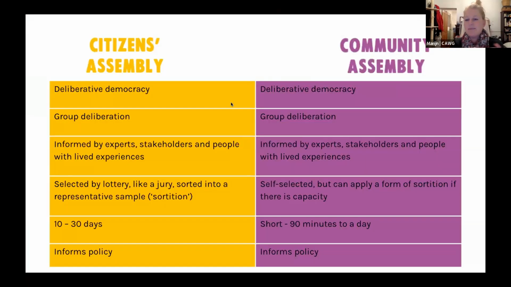So community assemblies, it's very confusing, especially if you're in Extinction Rebellion, because we have lots of different assemblies flying around and people are getting very confused. So we're trying very hard to clear that up. So we're going to talk about two different kinds of assemblies today: citizens' assemblies on the one hand, and specifically community assemblies, which is going to be our focus of this session.